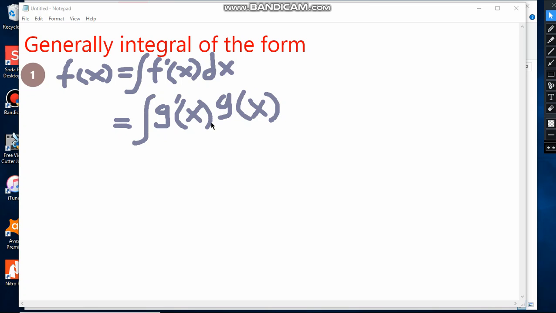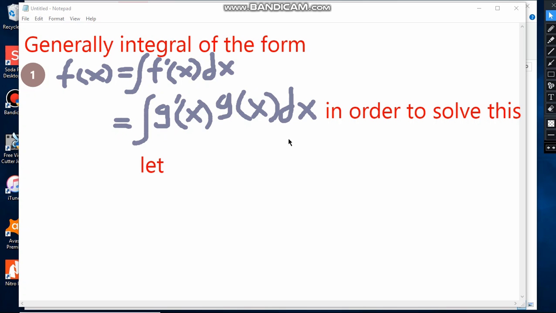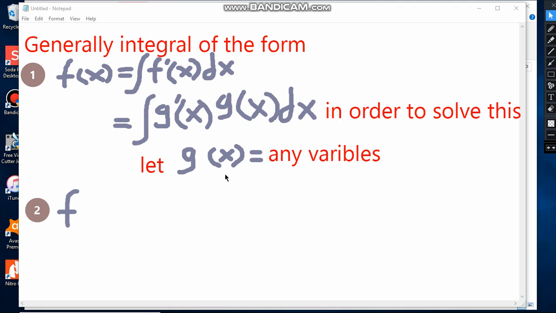When we are in this situation, we solve this kind of integration by letting g of x equal to any variable. Not g dash of x, we let g of x be equal to a variable, and the rest of the method we will see in examples.